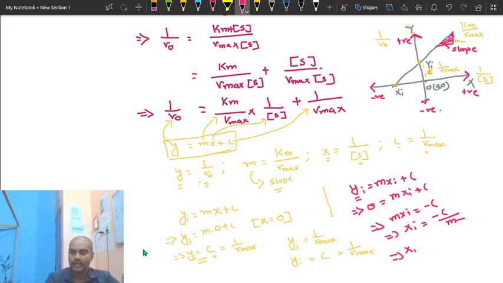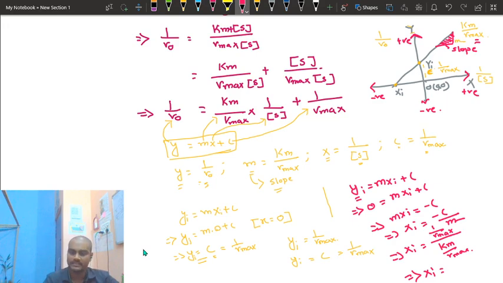Now we already know that the value of c is 1 by vmax. That means you can write it in this way: 1 by vmax divided by the value of m. The value of m is km by vmax. So 1 by vmax divided by km by vmax. So what should be the value of the x-axis intercept?